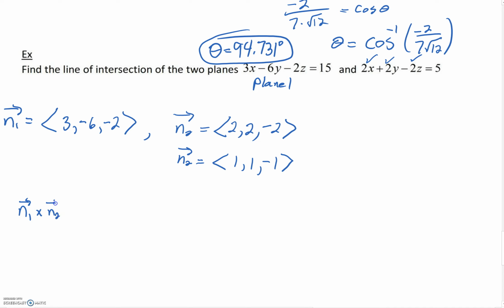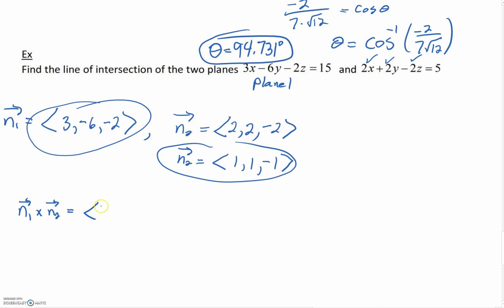But I really need to tell you, that's what you would see on many college campuses. If you were to cross these two right here, you would get the direction vector. The direction vector of that line would be 8, 1, 9. Now, if your direction vector happens to be larger, that's okay too, isn't it?